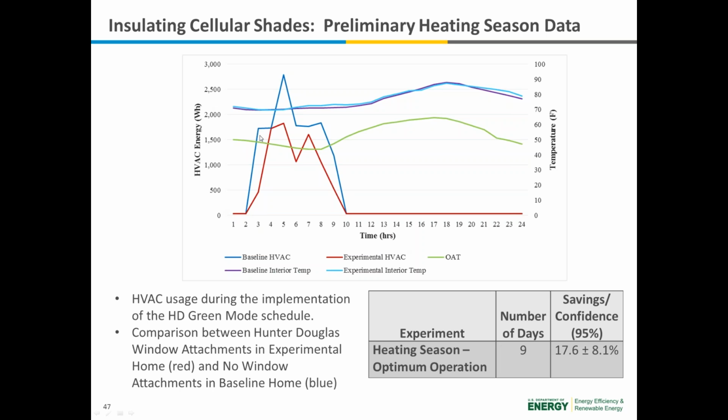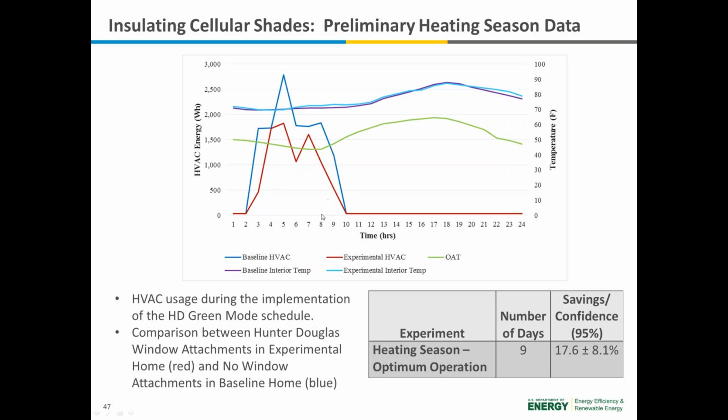We have the baseline home, which has no window attachments on it, in blue, and the experimental home in red that has the Hunter Douglas blinds operating to the HD green mode.